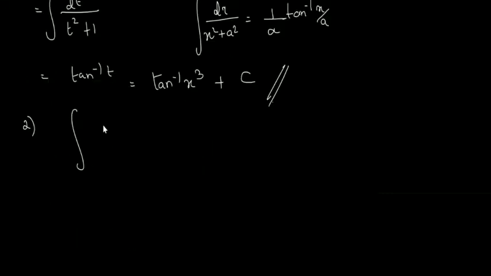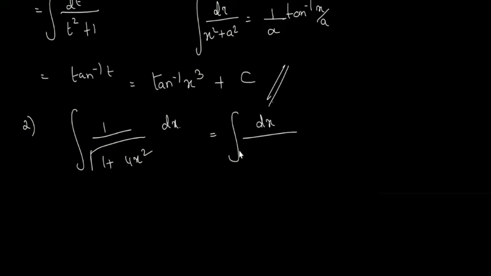Integrate 1 by root of 1 plus 4x square dx. So you can do this in two methods. First method is you can straight away write this. So this is equal to dx by root of 1 plus 2x the whole square, right? It is a perfect square.